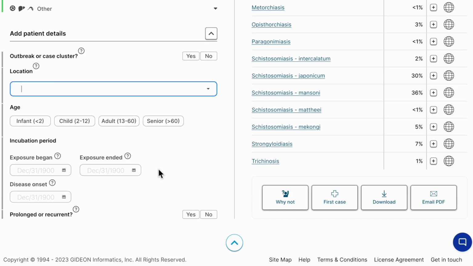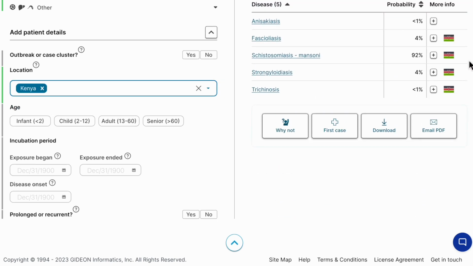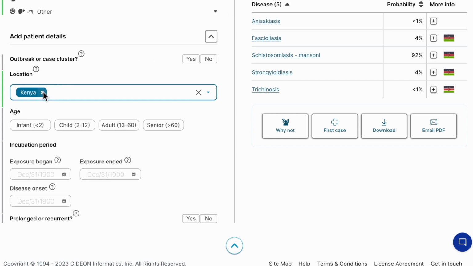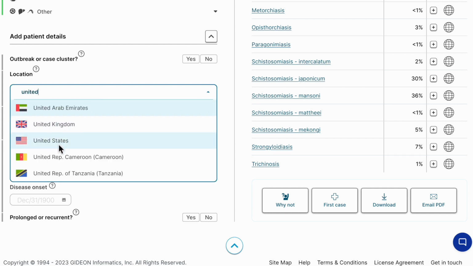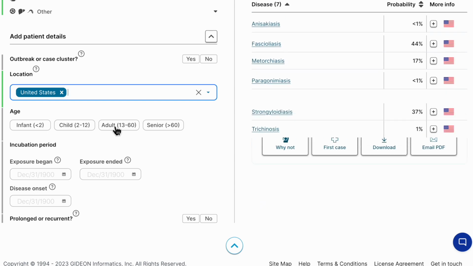in Kenya? How many diseases are in Kenya? Because, of course, we were looking at the world before. There are 5 diseases in Kenya associated with hypereosinophilia. Or the United States, put in the United States. And how many will you suppose are there?